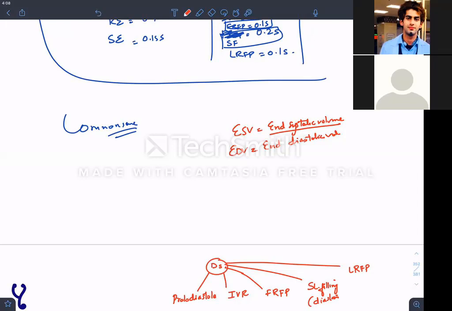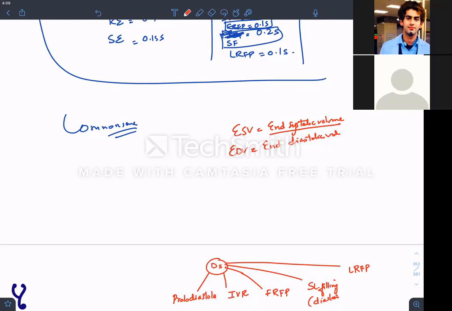So you have finished the systole. Whatever amount of blood is present in the ventricle will be called end systolic volume. Now what is end diastolic volume? End diastolic volume means the volume of blood which is present in the ventricle once you finish the ventricular diastole. We are taking the ventricle as a reference.